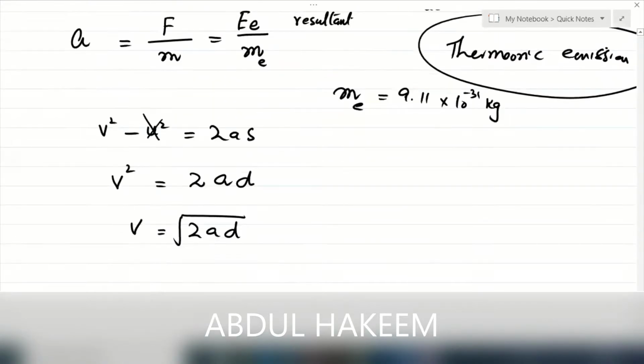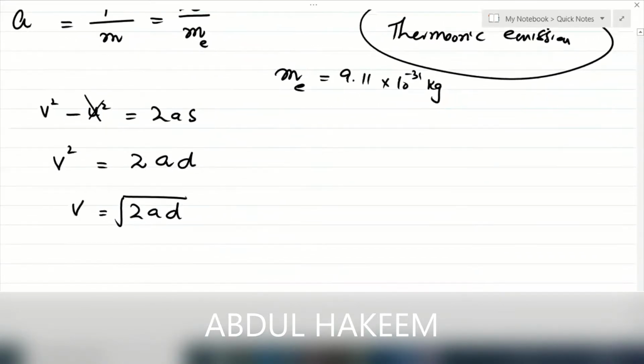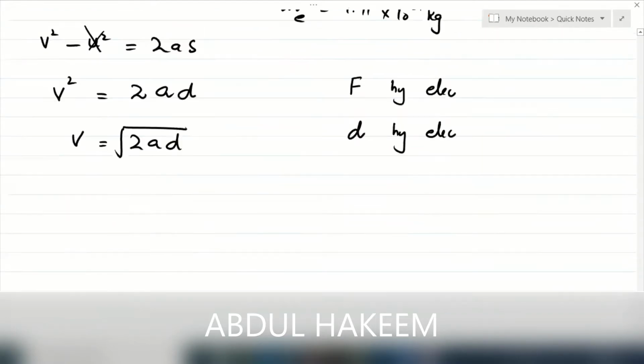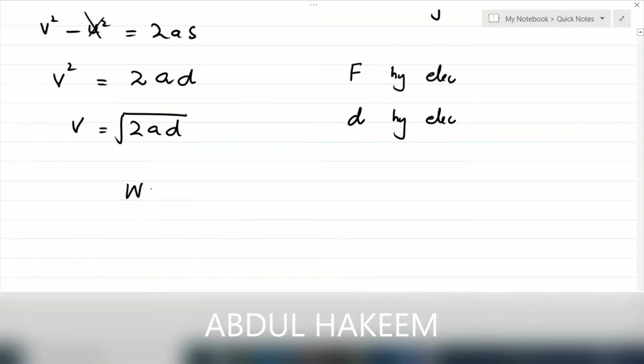Okay, so now, force is experienced by the electron, and distance is covered by the electron. Hence, work is done on the electron, which is converted into its kinetic energy.